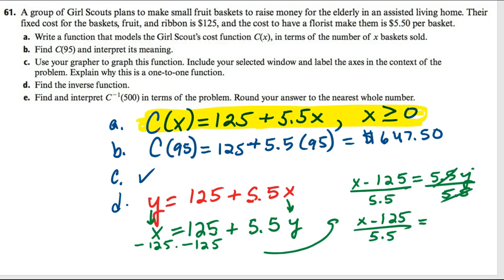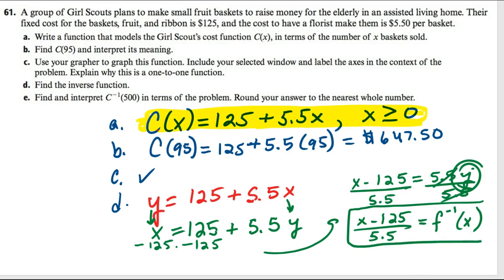And then my last step, wherever their y was that we solved for, now we're going to replace it with the inverse of x. And there are other forms you could write this in. You could write this in many various forms. For example, you could make this into a decimal and do a decimal equation. It doesn't matter. Okay, so this is my inverse.